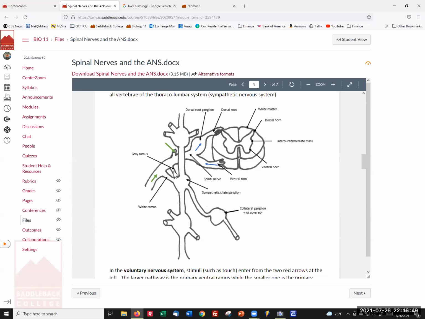You have a gray ramus, which is the more medial of the two, and the gray ramus is always on the way out. What happens between in and out? We said it last week, but I haven't said it yet today, and I will. In and out of this structure, the sympathetic chain ganglion. You do not need to know the collateral ganglion.